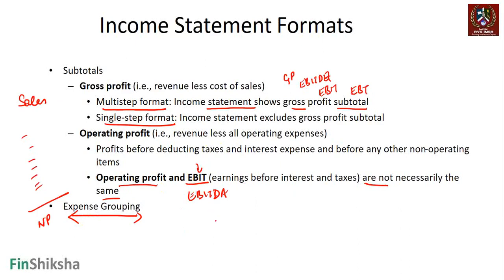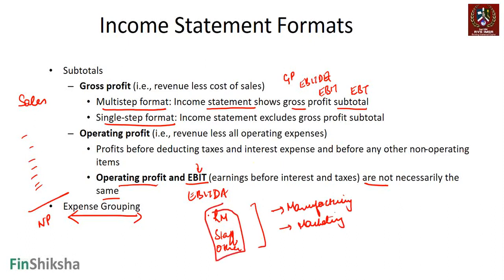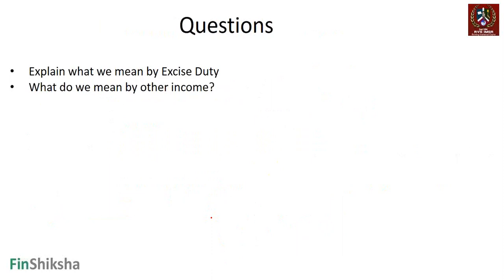In the format we saw, it was put in as cost of materials, cost of staff, and other costs. You could also put it in some other concepts like the cost of manufacturing, all costs that go into manufacturing, all costs that go into marketing, and you could create functional headers based on that as well. Usually the first one is more common, right? So that's the expense grouping.